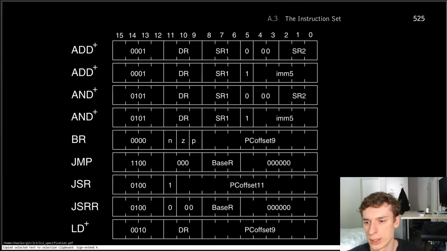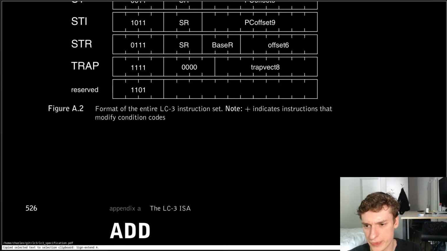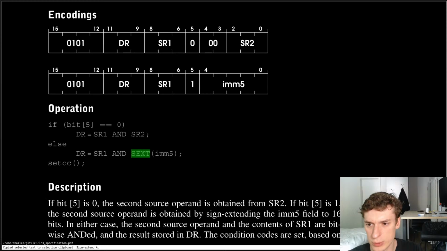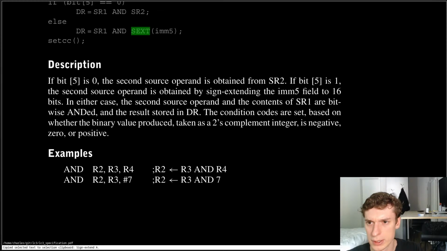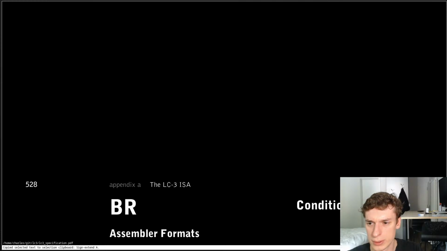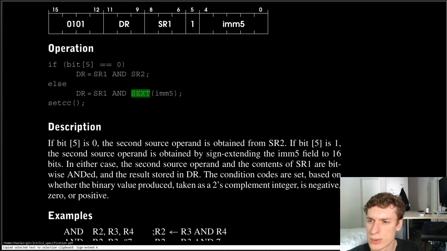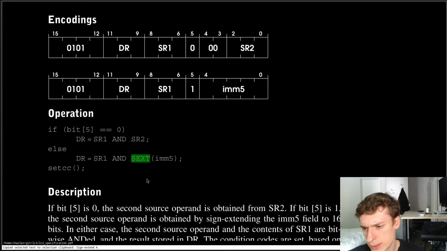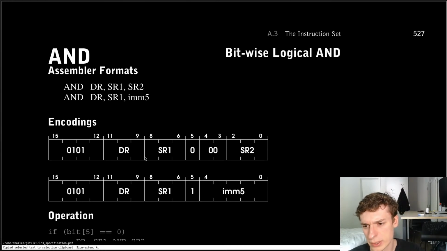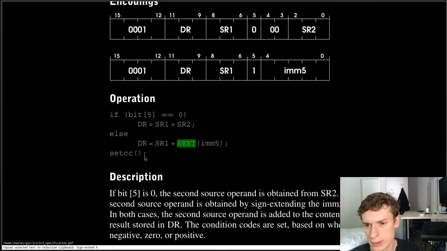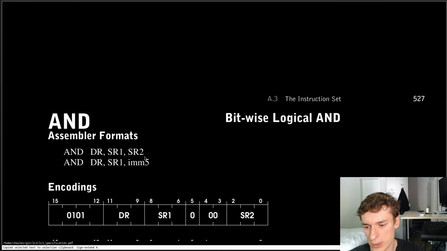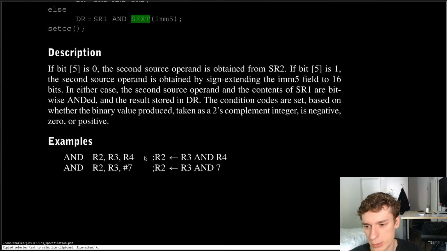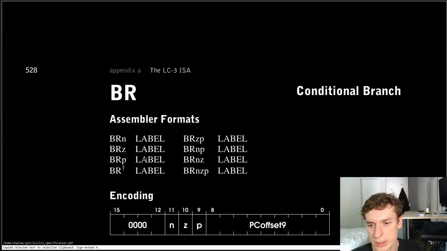Let's see. What is BR? So we have ADD, we have AND. And let's just quickly check that this is the same. Yeah, this is the same. They just replace the plus by an AND. Yep, that's fine. Okay.